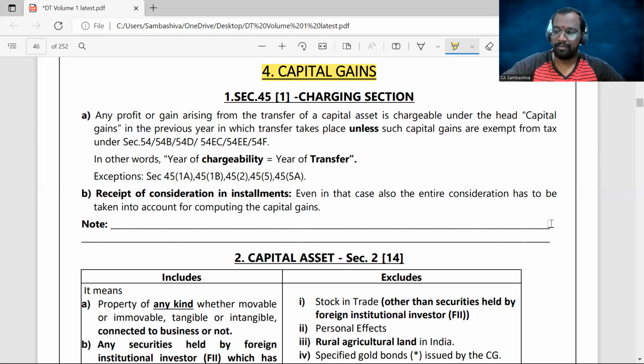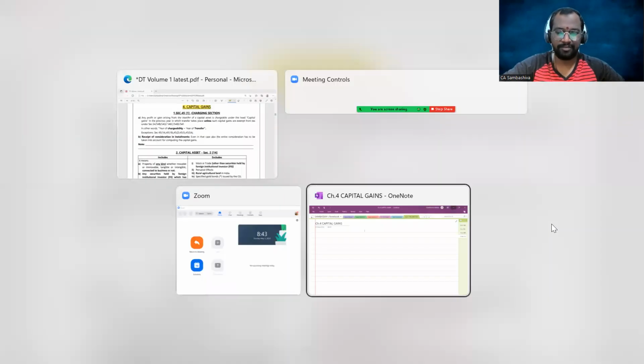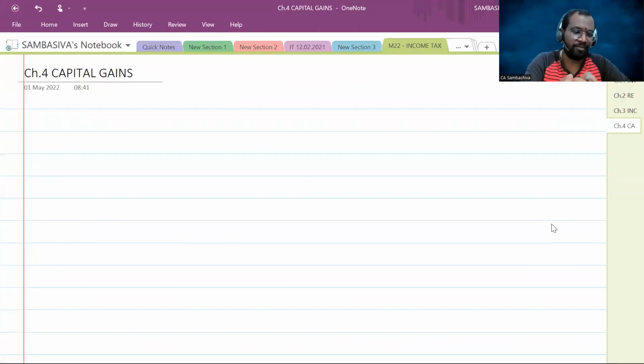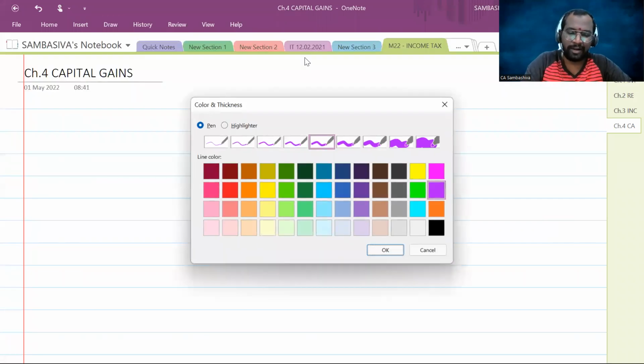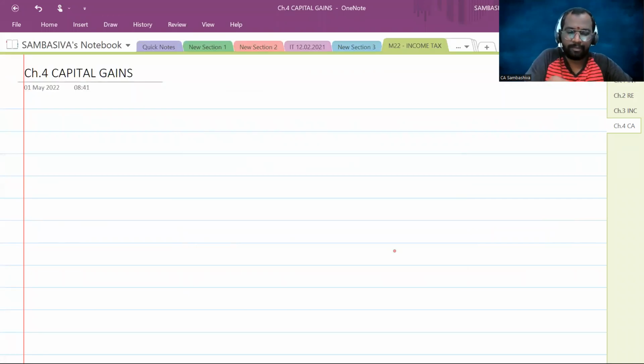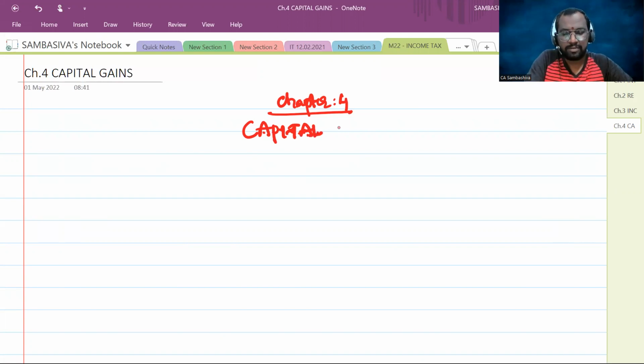So now let's come to the running notes. Every one of you start in a fresh page, put the main heading. Chapter number 4, capital gains.